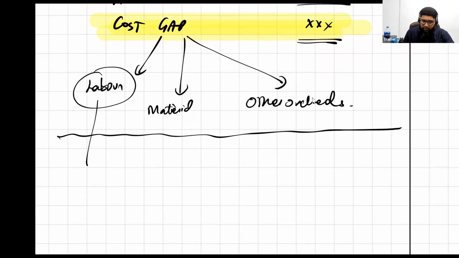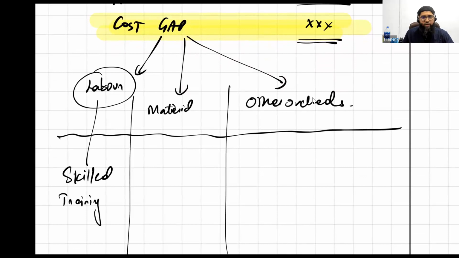For example, labor cost could be reduced by hiring skilled labor, or by imparting training to them. The material cost could be reduced by bulk buying.